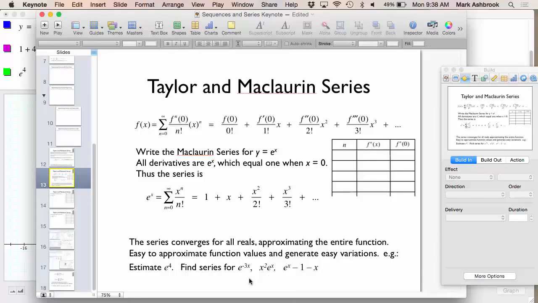Using the e to the x polynomial that we found, what would be a series for e to the minus 3x? And what would a series be for x squared e to the x? And then if you're feeling confident, what about this last one? What would be a series for e to the x minus 1 minus x? Go, see if you can do it.